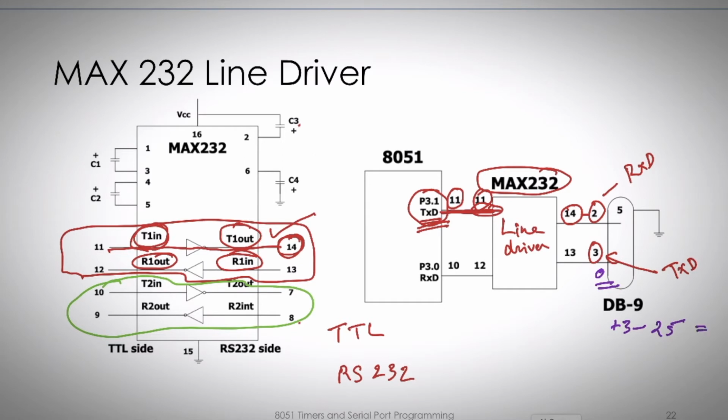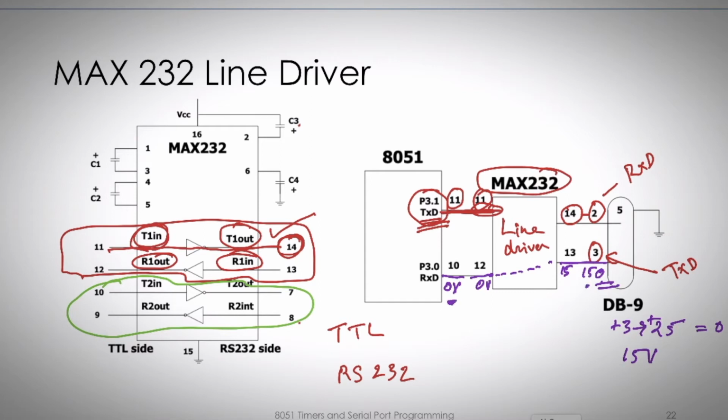So let us assume, for example, 15 volt is what you are transmitting at this point. A 15 will appear at the line driver input, and that will convert that 15 into 0 volt at the output of this line driver, and the controller will receive it as 0. Understood? So you are sending logic 0, you are receiving logic 0, but you are sending voltage level 15, you are receiving voltage level 0 volt.